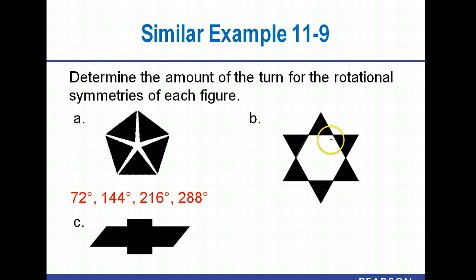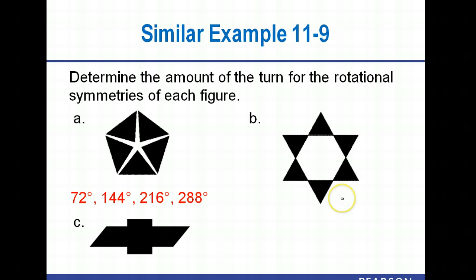Okay, let's think about this one for a second. So we notice that there is some kind of rotational symmetry here, but what would happen if we rotate it? Let's see. And stop, right? So notice here that we actually have 1, 2, 3, 4, 5, 6 parts, right? 6. And if we thought about it in terms of being a polygon, if we connected the tips of these triangles, here we would have a hexagon, right?